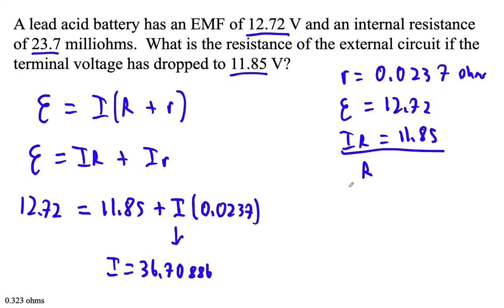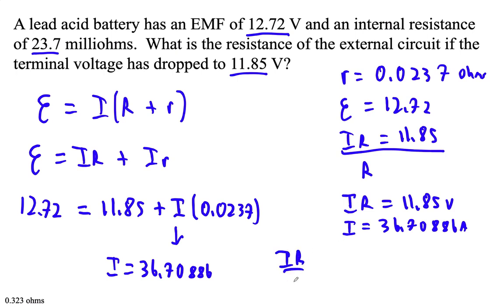So that's my current. Now we know that I times R is 11.85 volts, and we know that I is equal to 36.70886 amps. So IR divided by I is going to give us our R. So R is equal to 11.85 divided by 36.70886.